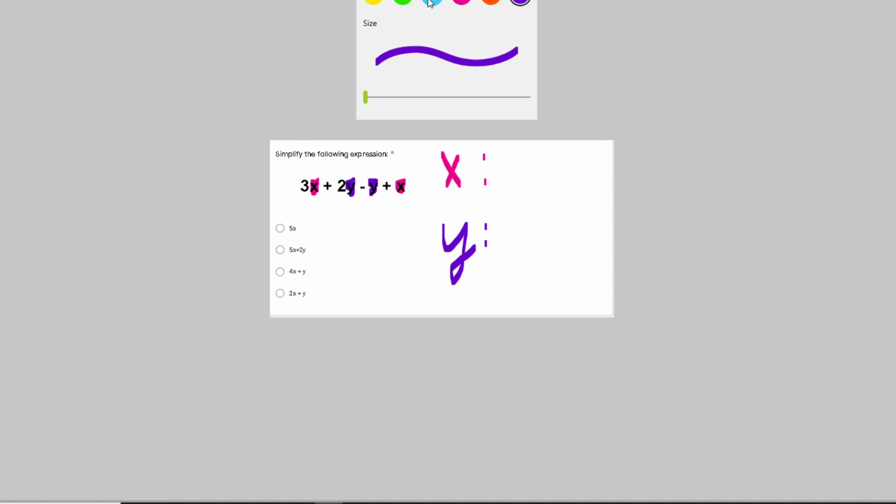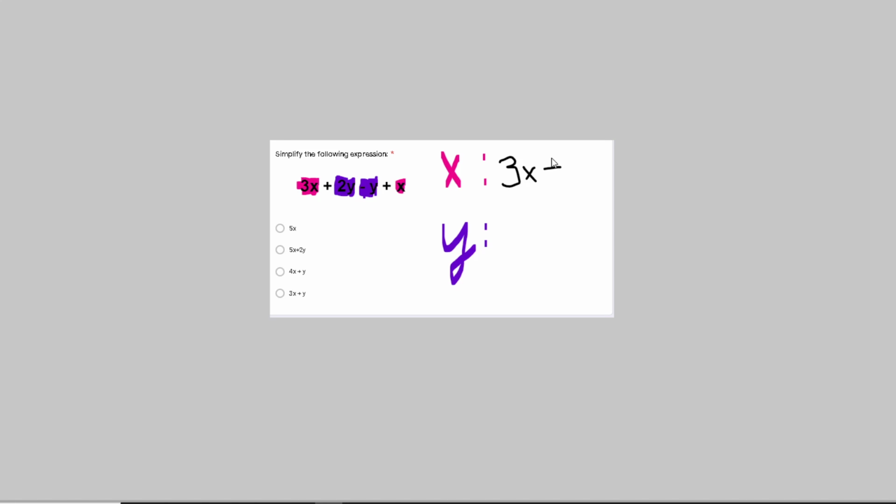Okay, so now I'm going to actually take the coefficient with it this time. So this will give us, over here, we're going to have 3x plus x, right, the pink highlighted terms.